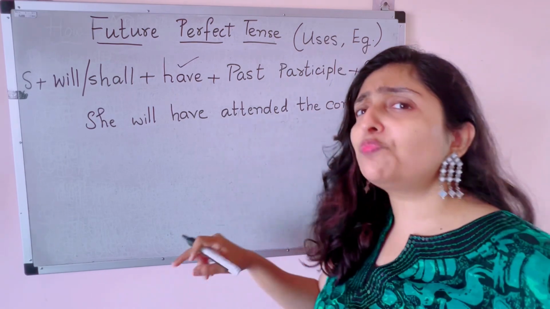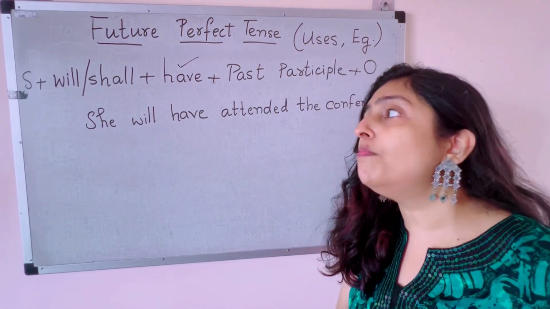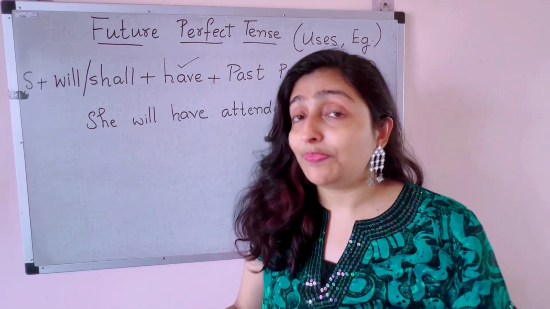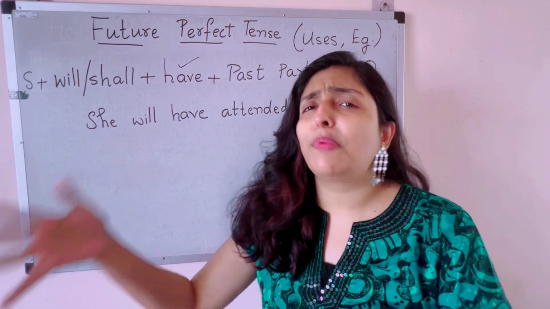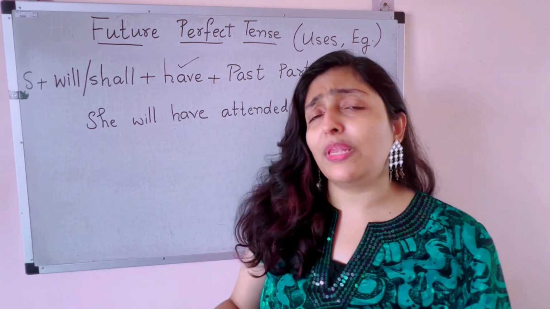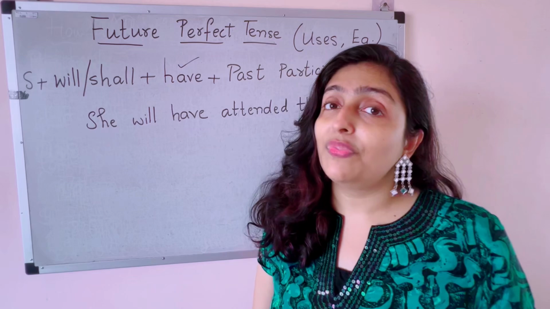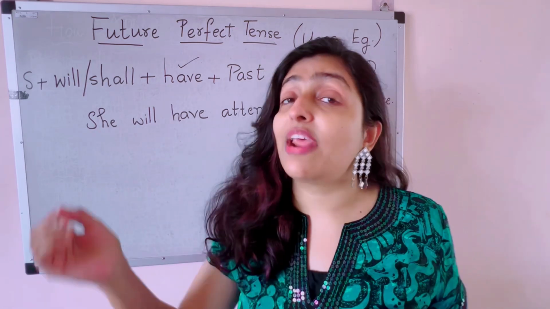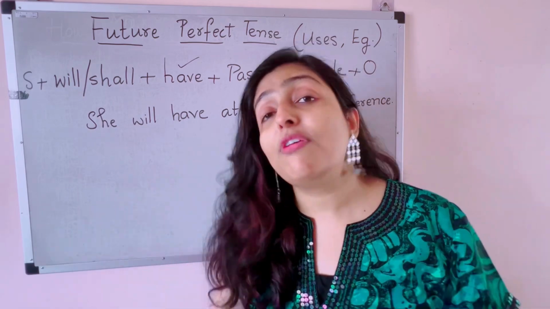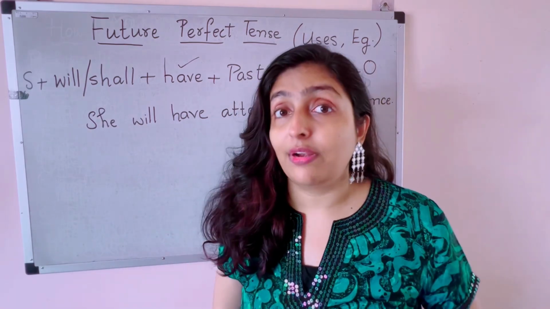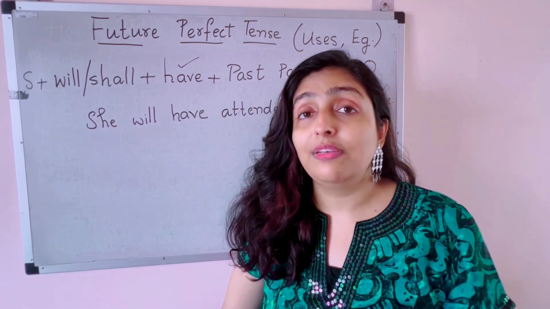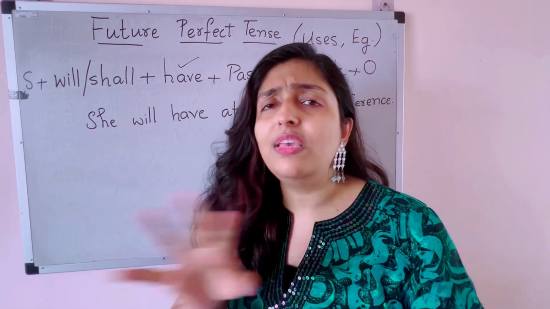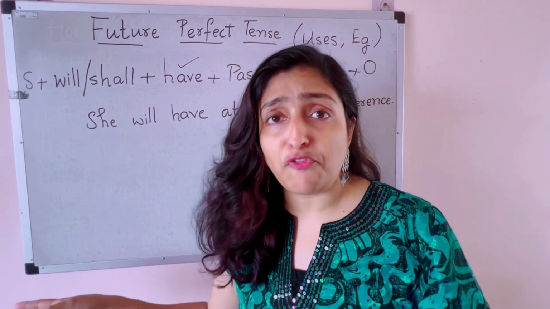Now what is past participle? The form of the verb that ends in ed, like played. Past participle is the third form of the verb. The form of the verb that ends in ed for a regular verb. For an irregular verb it is different, like eat, ate, eaten, take, took, taken, where all the three forms of the verbs are different.